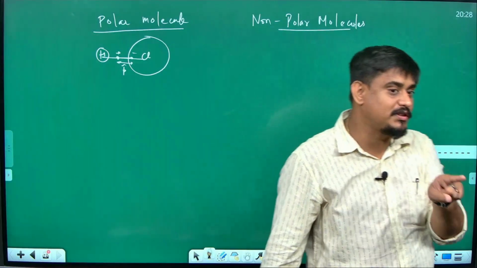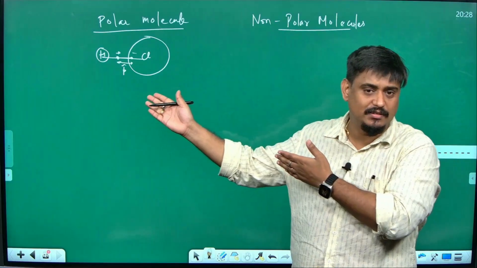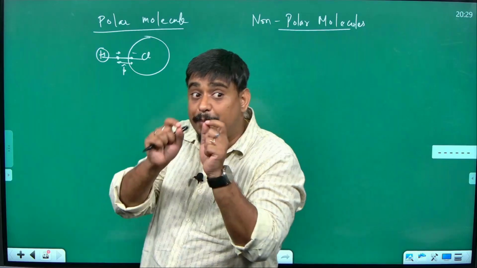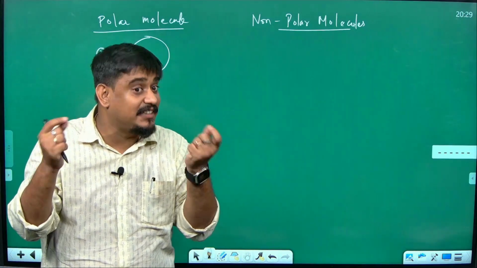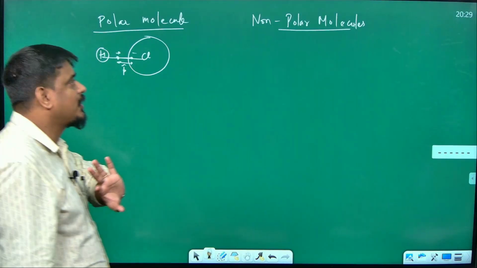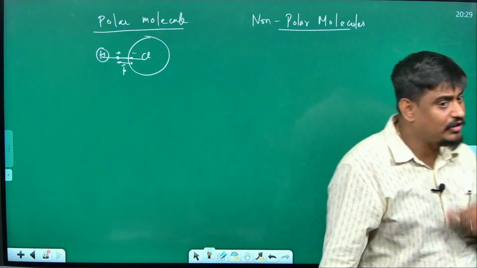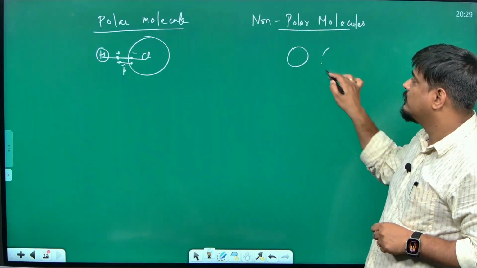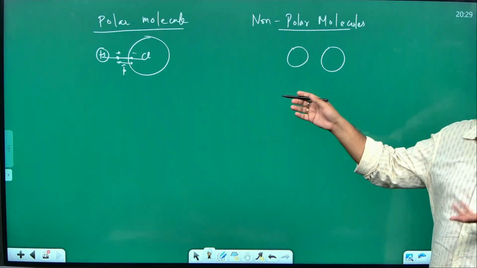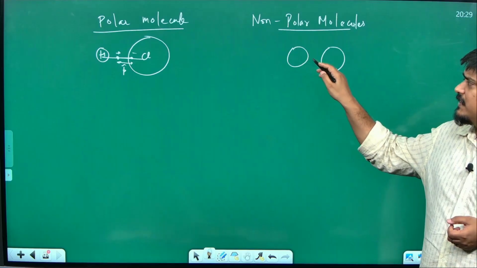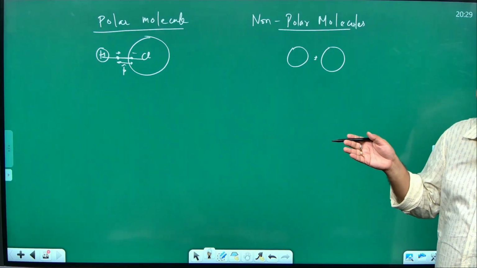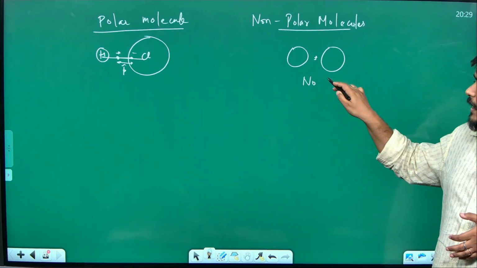This kind of molecules like HCl, like water, have separation between their positive and negative centers, giving rise to dipole moment, and these are called polar molecules. On the other hand, if you have O2, two oxygen atoms having same size, similar structure, their positive and negative centers will be coinciding. If coinciding, no separation between positive and negative, so no dipole moment.